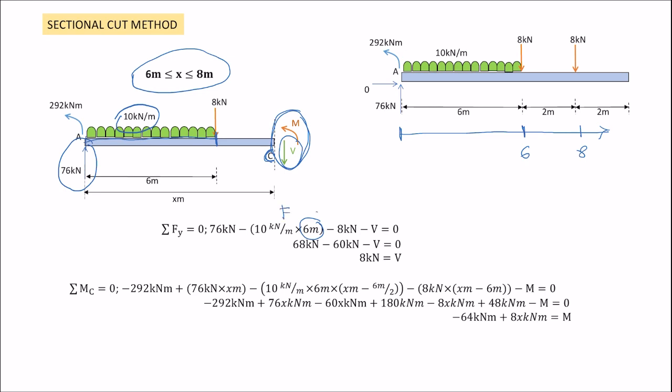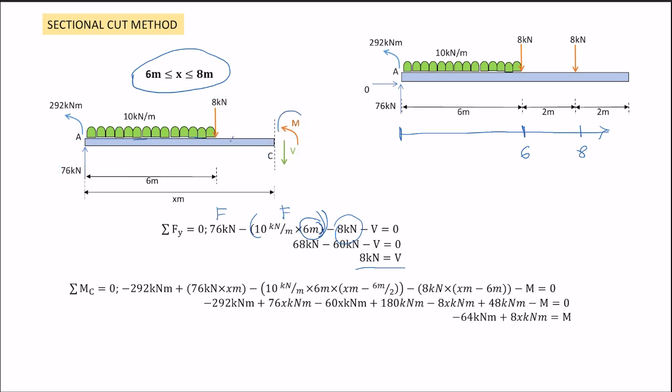So dua ni adalah force ya. And you have 8 kilonewton. This is the point load. So semua loading mesti minus sebab dia turun ke bawah kan. So tolak lah. The last one, the reaction V turun ke bawah, so minus V. And simplify, we're going to get V equal to 8 kilonewton.